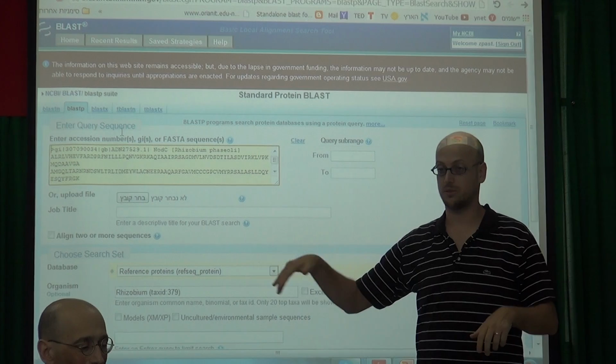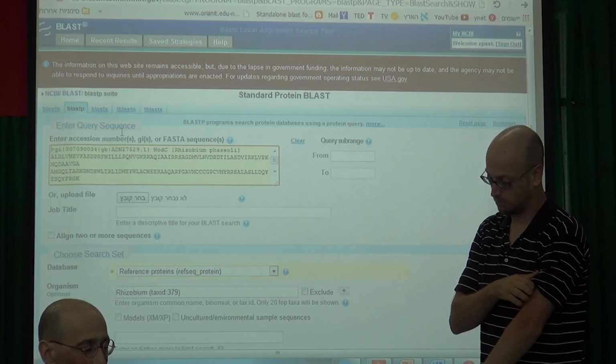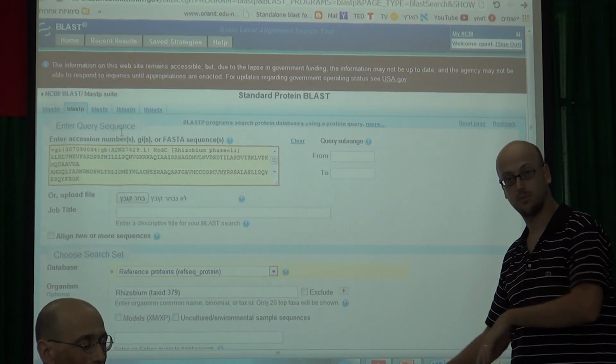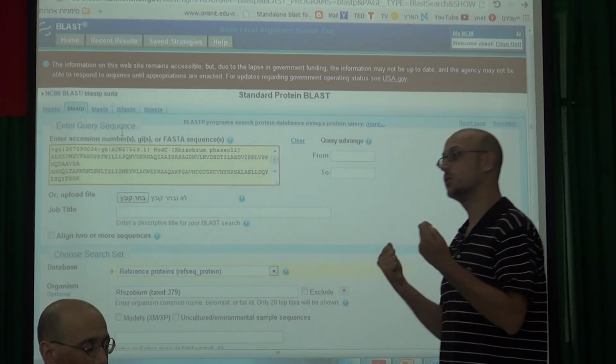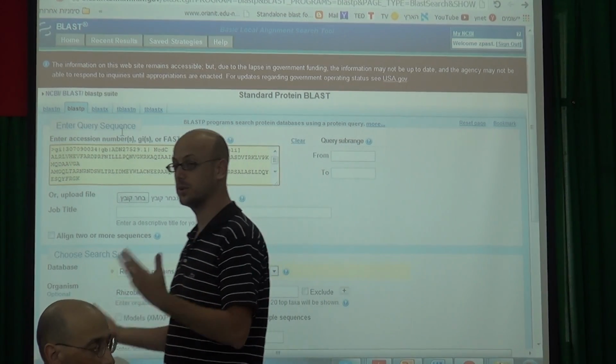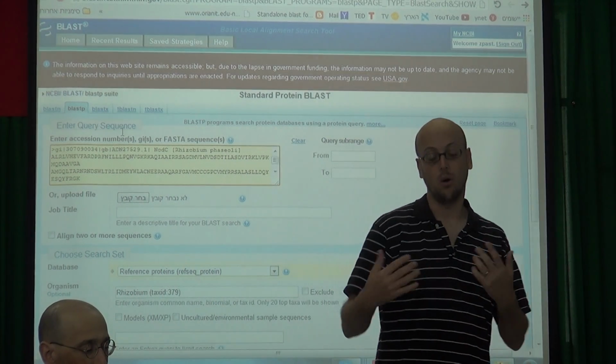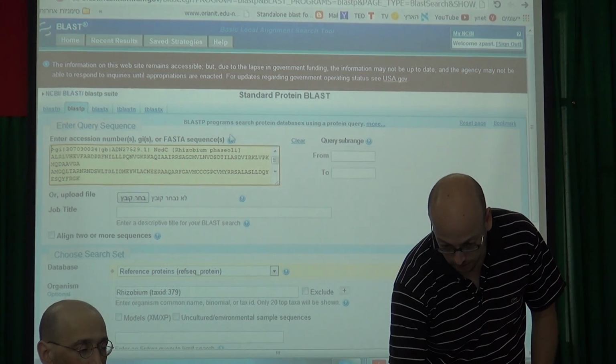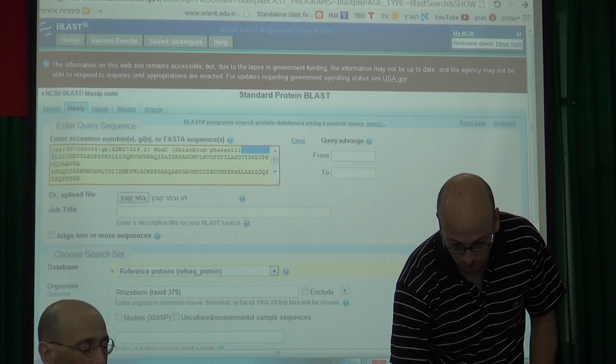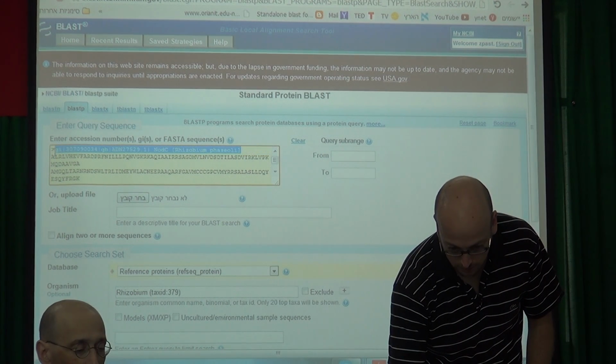So some things to remember here. We can use this tool if we know what the sequence is and we want to find similar sequences, or if we don't know anything about this sequence.